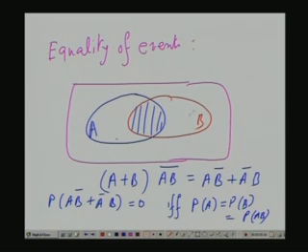This is A B bar, as I told you, the entire plane except for this B. Intersection between that and A will be only this, not this part. So, A can be written as sum of this, that is A B bar and A B. Okay, I will use that.